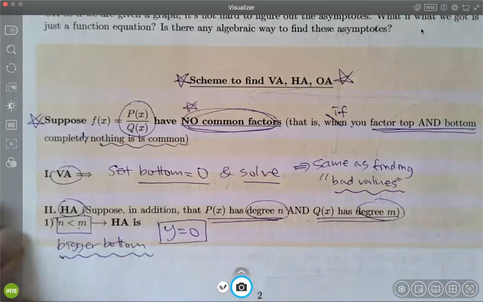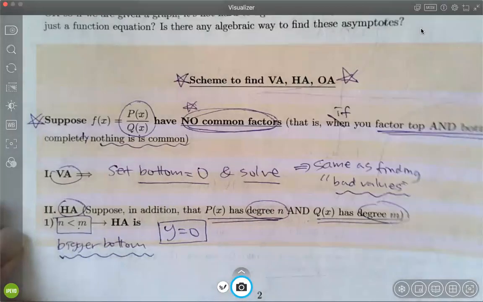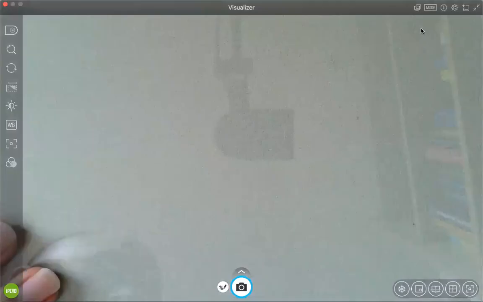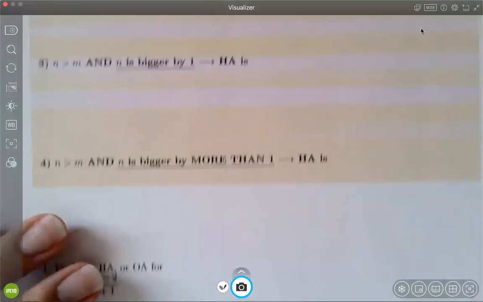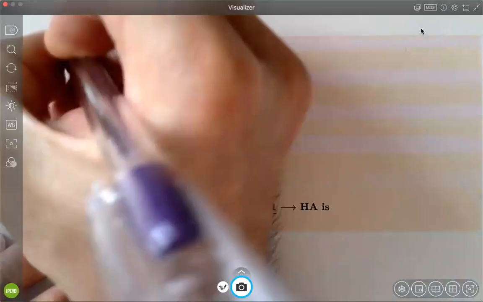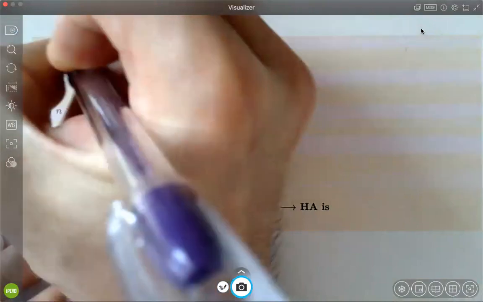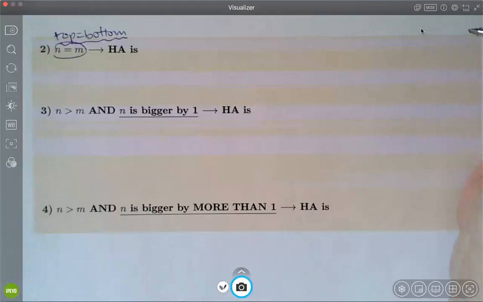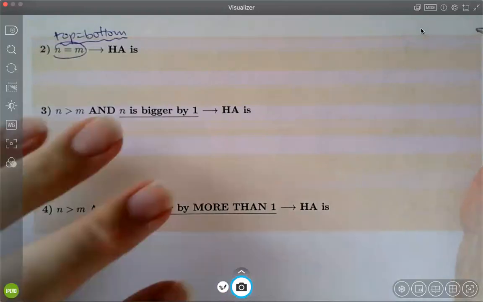And now case number 2, n is equal to m, which is on the next page. So n is equal to m. What does that mean? Top is equal to the bottom, right? Again, I'm being really sloppy here, because that's actually false, since our rational functions will have different denominator and numerator, but the top degree is equal to the bottom degree. In this case, we look at the leading coefficients.